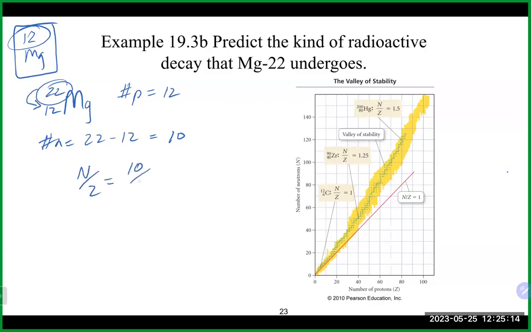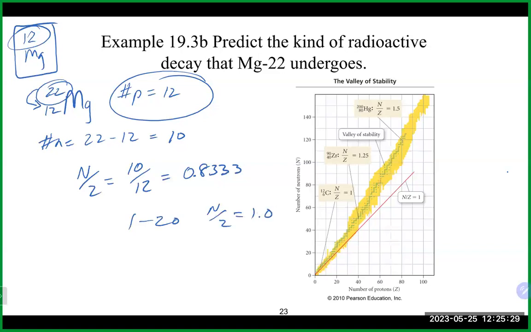So we're going to take 10 divided by 12, which gets us 0.8333. Now, this is an atomic number of 12, which means technically it falls in that 1 to 20 range, so the acceptable ratio is 1. In this case, that looks a little too low, so we need to bring it back up. Because it's too low, it could go through one of two things, right?